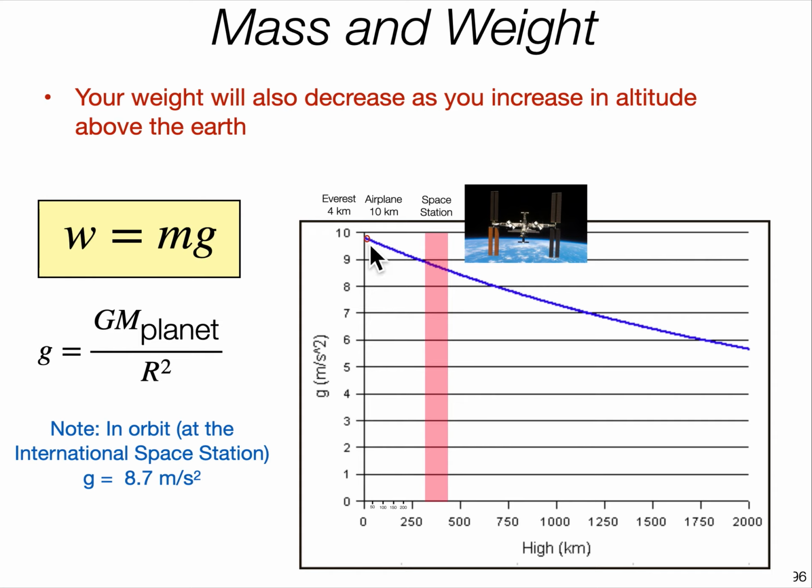As we go up just a little bit to the top of Everest, we're only 4 kilometers high, and you can see this is 50 kilometers here, so 4 kilometers is really close here. So the g will be slightly smaller on top of Everest. If I go up in an airplane, I'm now 10 kilometers high, so g will be slightly smaller. It may now be 9.79 or something instead of 9.81. And if I travel up to where the space station is, 300, 400 kilometers above the Earth, g is actually more like 8.7 meters per second squared. So g is decreasing with altitude.